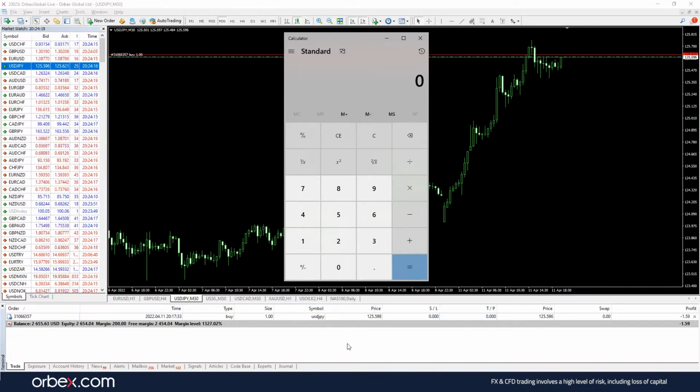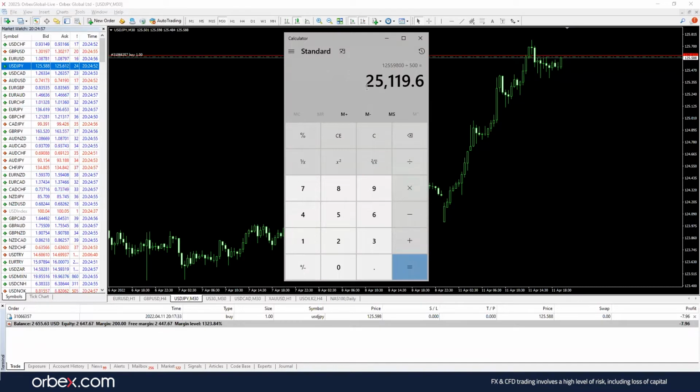Yes, that's right. So what we do now for the dollar yen, because the margin example that I gave before was for euro dollar. Because for dollar yen, the base currency is dollar, all we have to do is take the price 125.598, multiply that by 100,000, which is the lot size, and then divide by 500.